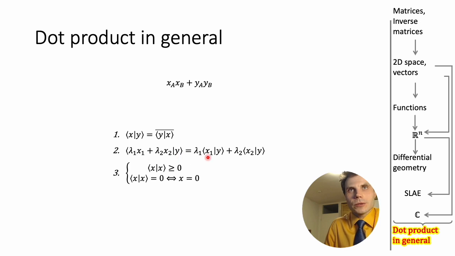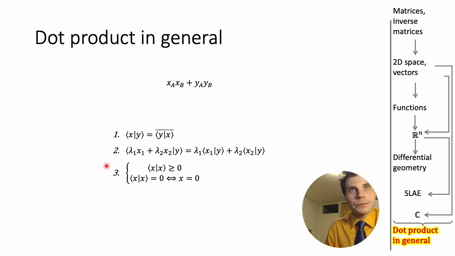Here x1 and x2 are different vectors of the same kind as x itself. Lambdas are numbers, and realize please that this linearity property is defined for the first argument, for x. However, if you want to apply it to y, you will have to first convert x times y to y times x according to the first property. It's also linear, but with the complex conjugation coming into play.